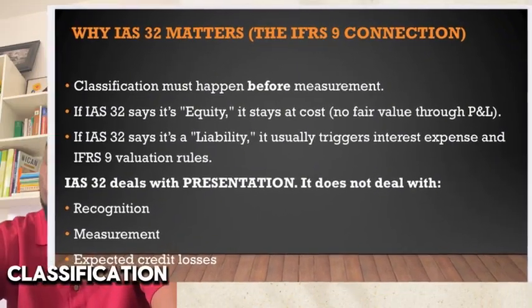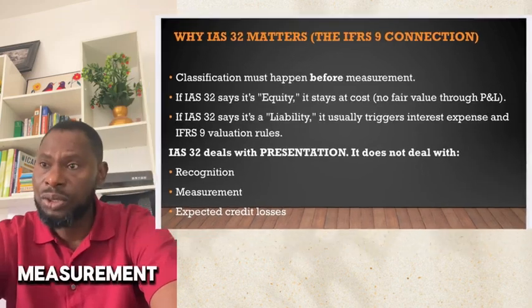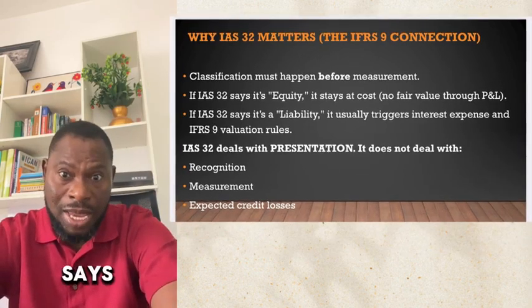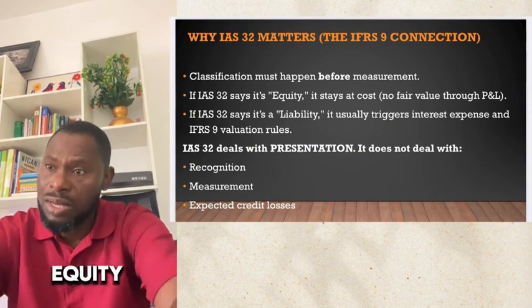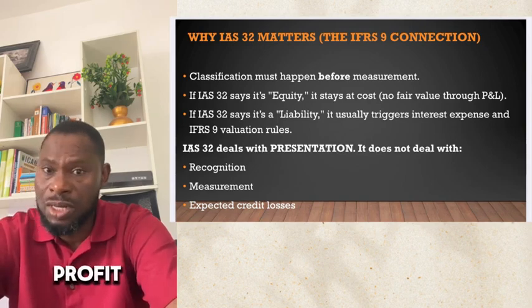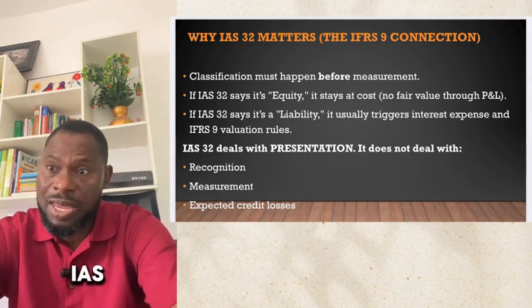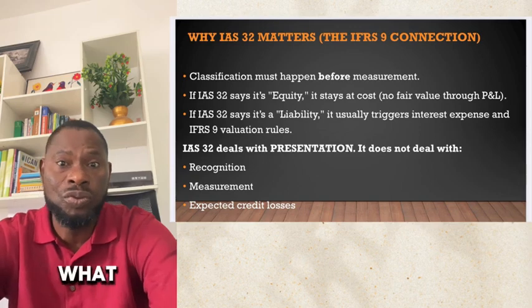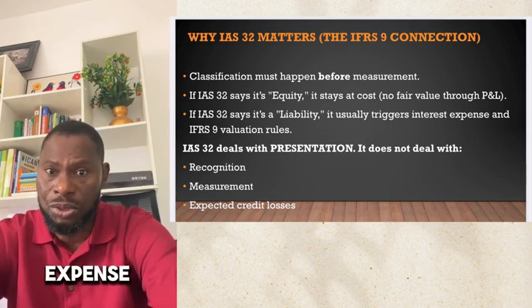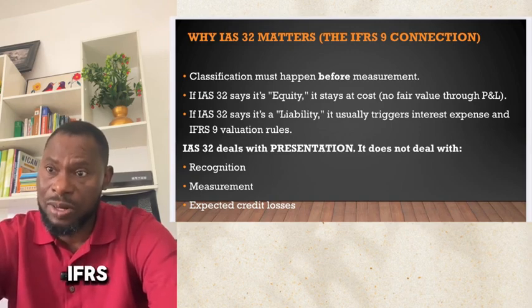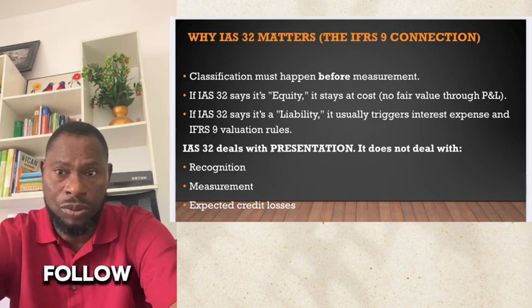So if IAS 32 says it is equity, then it stays at cost, no fair value through profit or loss. But if IAS 32 says it is a liability, then it usually triggers what we call interest expense, that's finance costs, and then you also follow the IFRS 9 valuation rules.